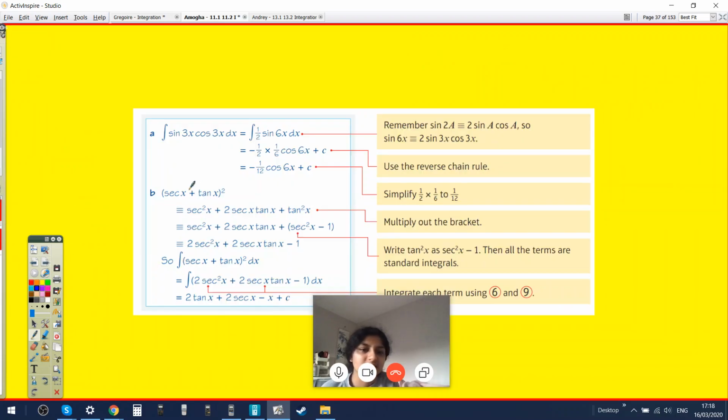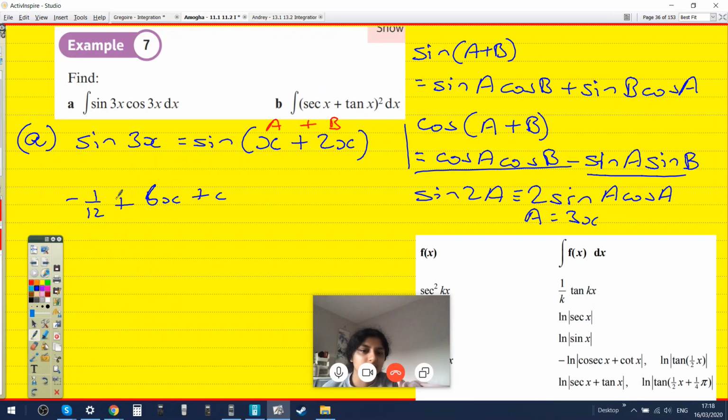No, it's not plus 6x, it's cos 6x, yeah. It's minus 1/12 cos 6x plus c. Okay, wow. So if we see the same thing twice, sine something, cos something, that is the double angle formula in this, guys.